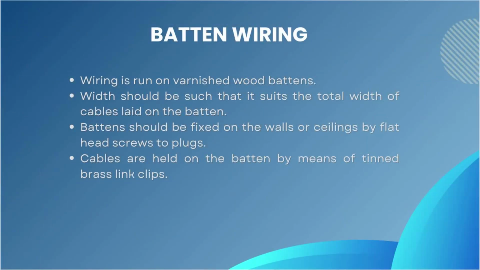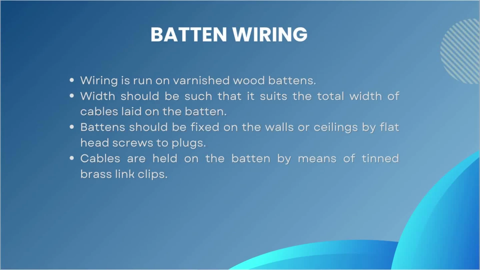Batten wiring is a simple wiring system where insulated wires are laid over a wooden batten and held in place using clips or brass pins. The wooden batten is securely fixed to the walls or ceilings using screws.